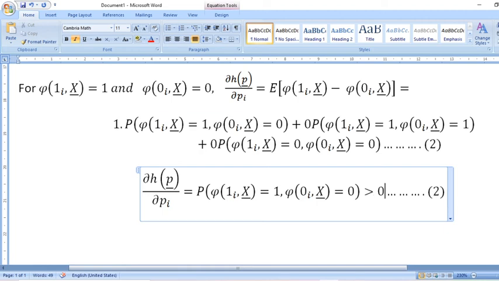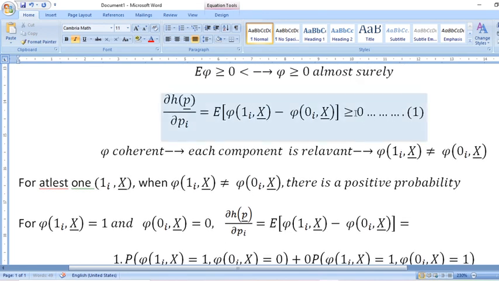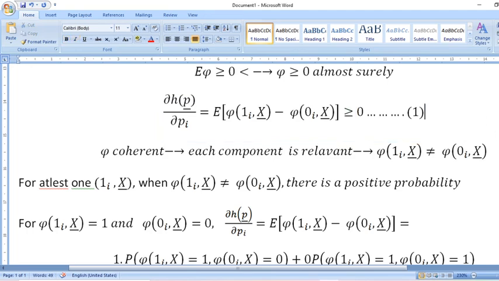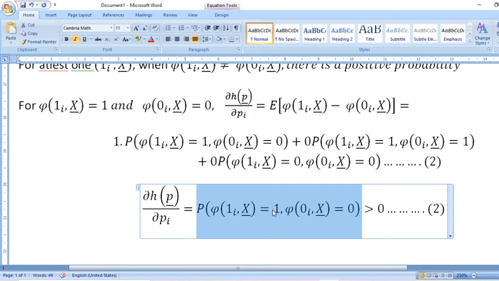So we have two possibilities. With the increasing assumption, the coherency assumption, it is greater than or equal to 0, but using the relevancy assumption we can say that it will be greater than 0 only. There is no equality because there is a positive probability. Okay, that is the reason. So this can be question number 3.